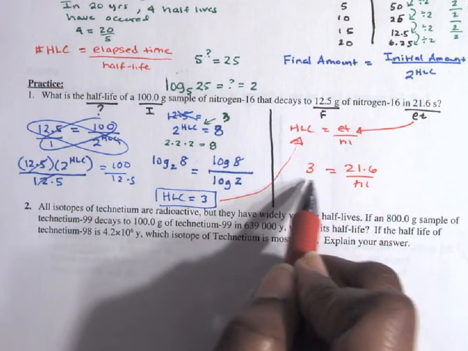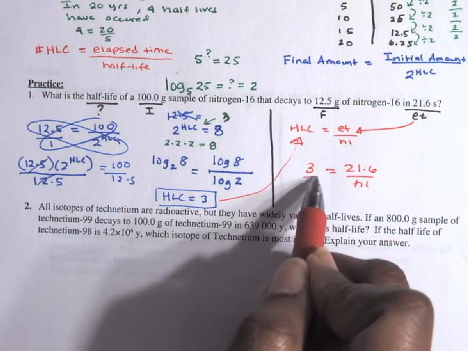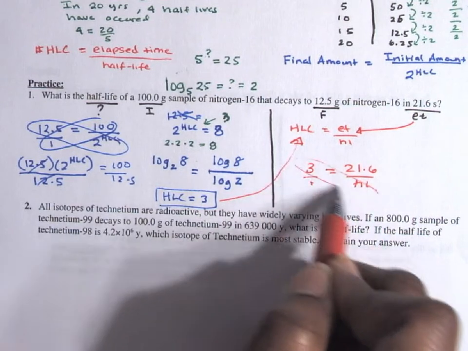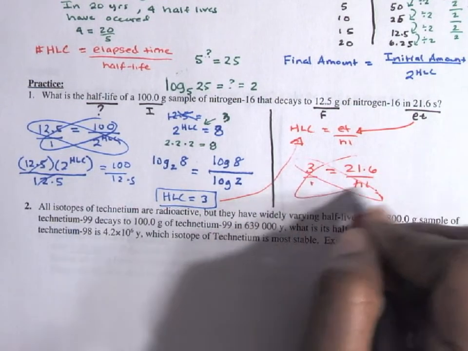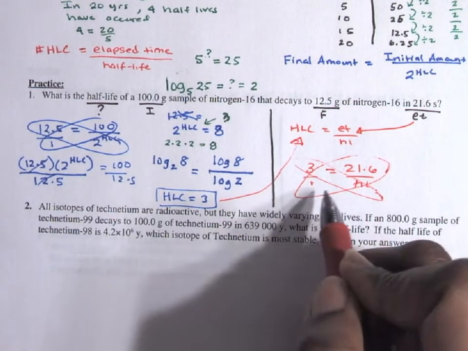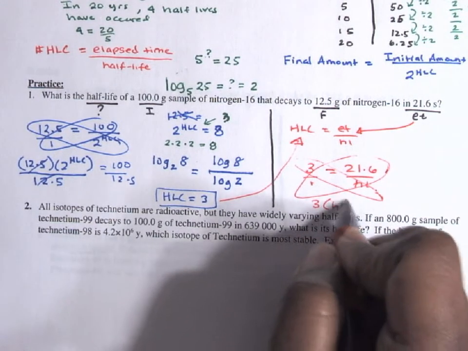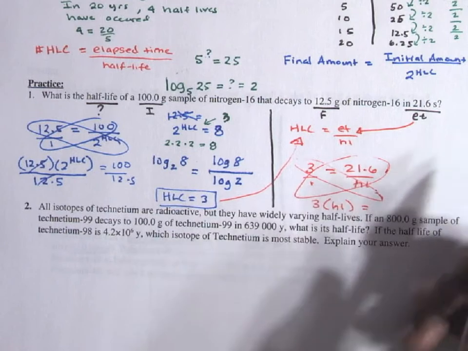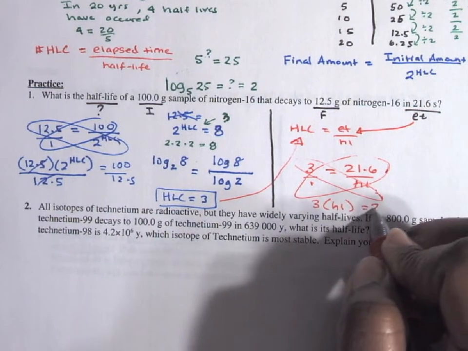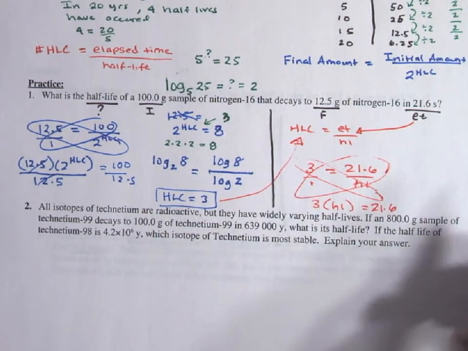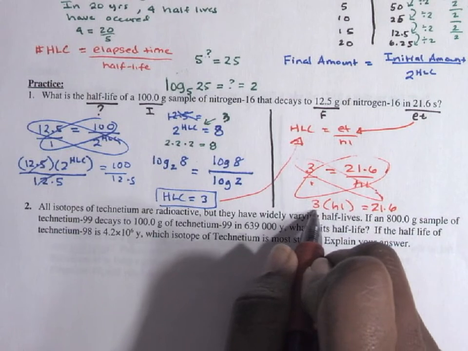And remember, when you have a fraction next to an equal sign, you can cross multiply. So that's 3 times half-life is equal to 1 times 21.6. All right, and then to solve this, I would divide both sides by 3.